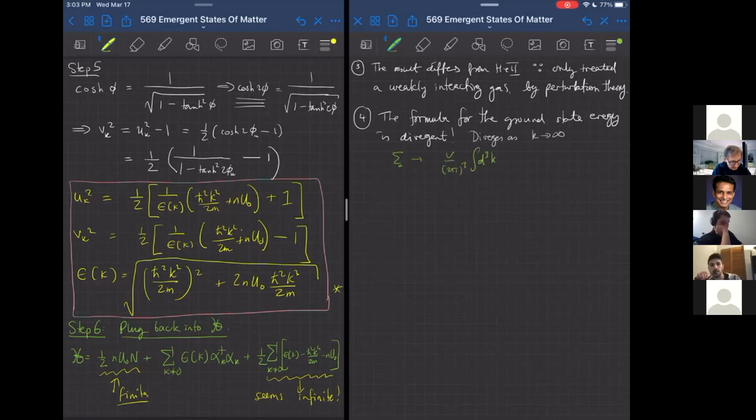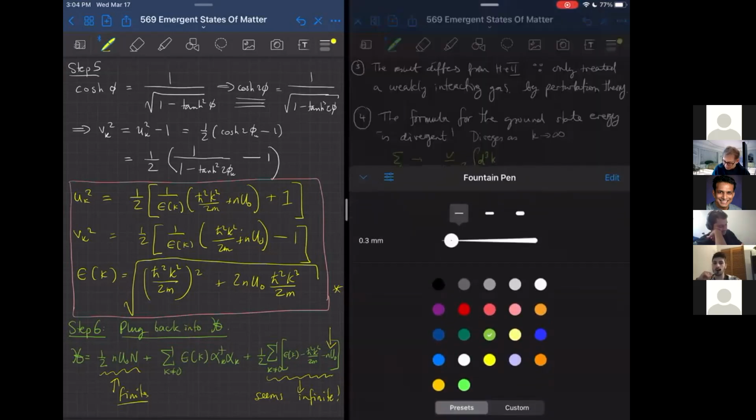And so what we get is V over (2 pi) cubed integral d3k, which is 4 pi k squared dk. I don't care about the 4 pi, 0 to infinity. And then the integrand, what I'm interested in is this last term over here, so minus n U naught. So that term is certainly divergent, and so this thing goes to infinity. Everything else is even worse. So obviously there's a problem. Okay, so that's how you can see that there's a problem.